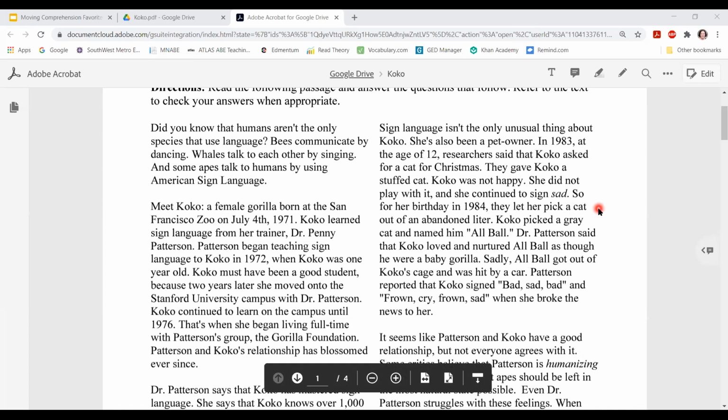Coco picked a gray cat and named him All Ball. Dr. Patterson said that Coco loved and nurtured All Ball as though he were a baby gorilla. Sadly, All Ball got out of Coco's cage and was hit by a car. Patterson reported that Coco signed bad, sad, bad, and frown, cry, frown, sad when she broke the news to her.